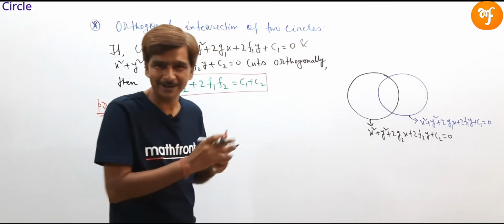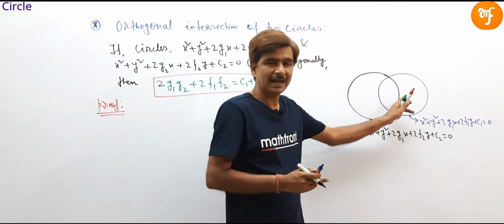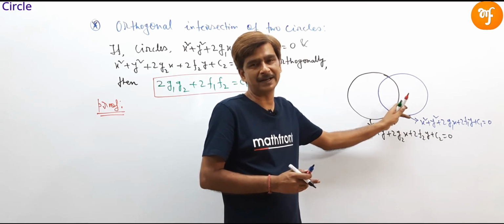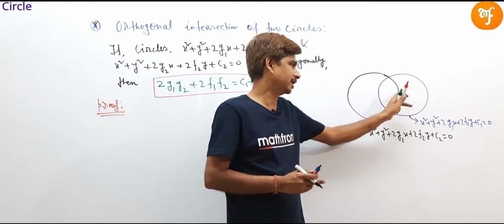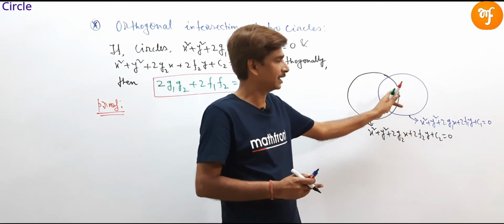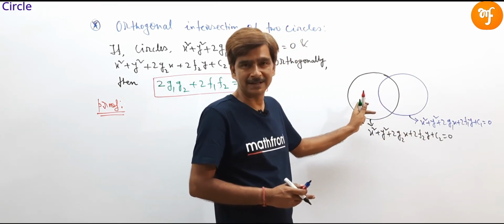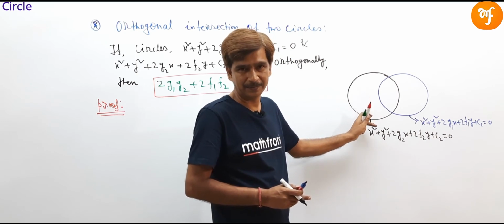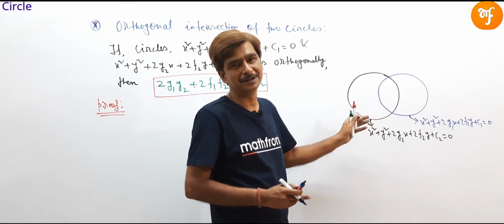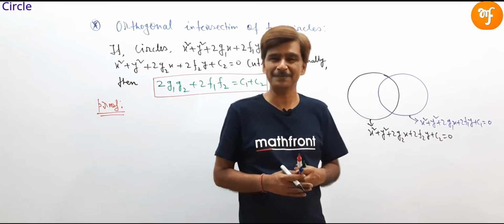So these are two circles. So first circle has center at minus g1 comma minus f1, and we can also find the length of the radius of this circle. Similarly, the second circle has center minus g2 comma minus f2, and its radius will be what? Root over g2 square plus f2 square minus c2. Okay.